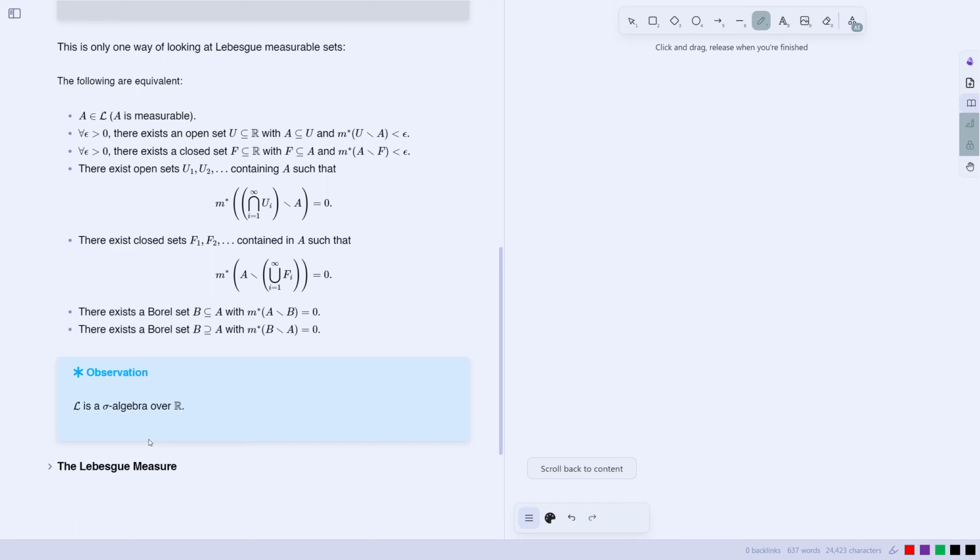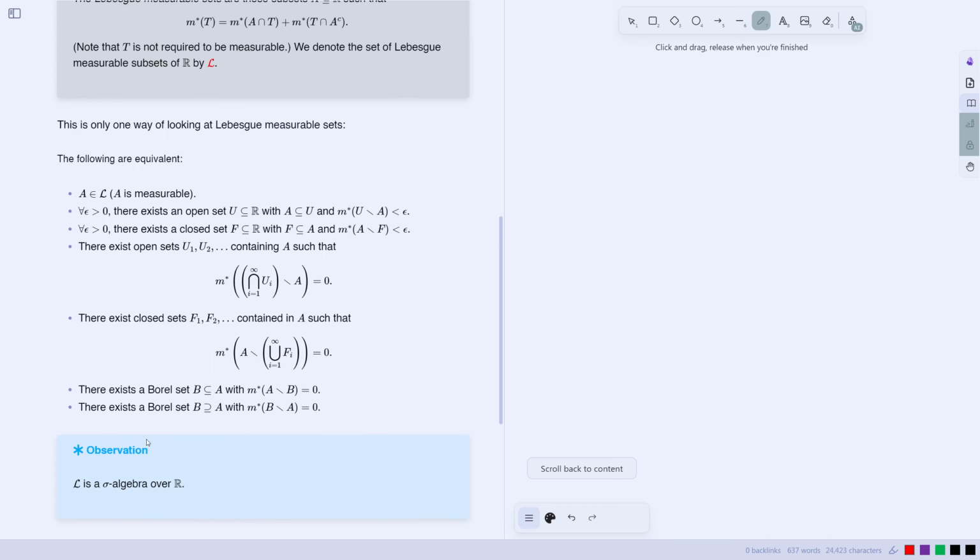Great. And with that, what we're going to do now to get our countable additivity to work always, like I said earlier, we're just going to consider the Lebesgue outer measure over the Lebesgue measurable sets. And if we do that, we get a measure.